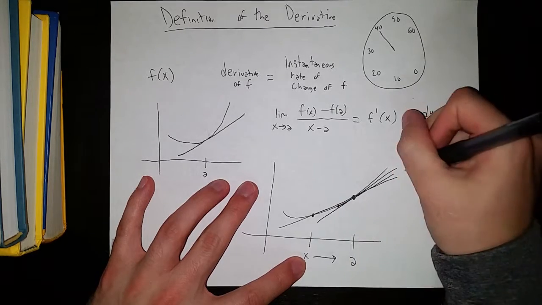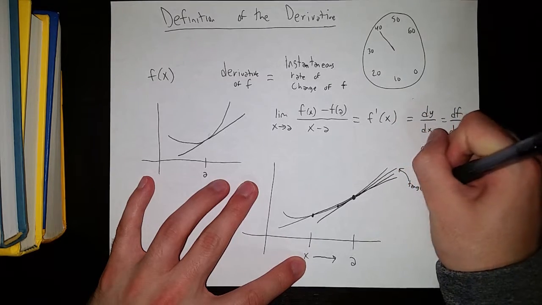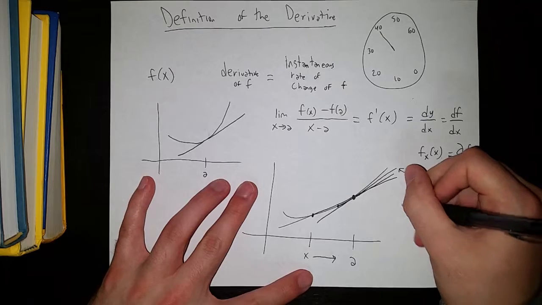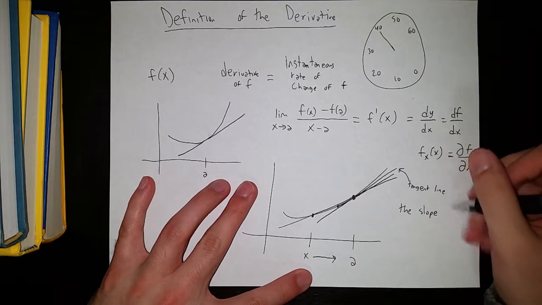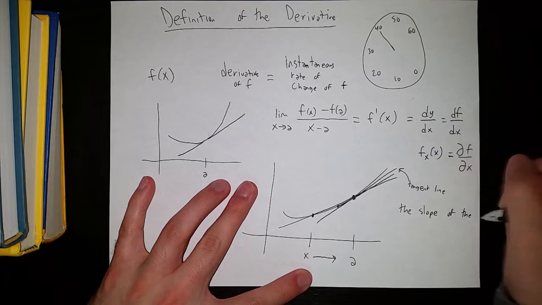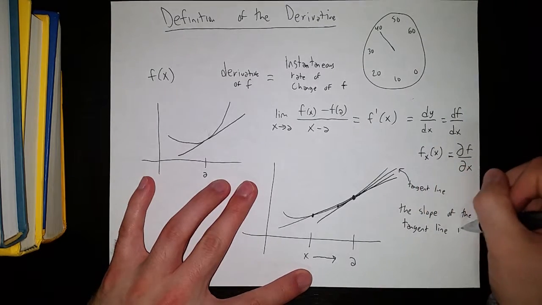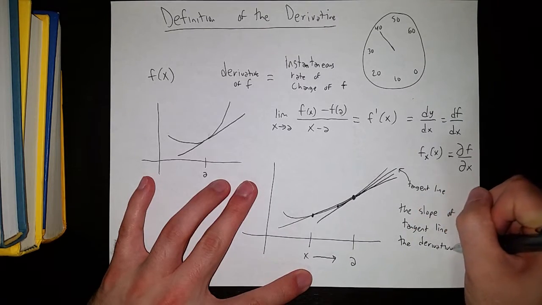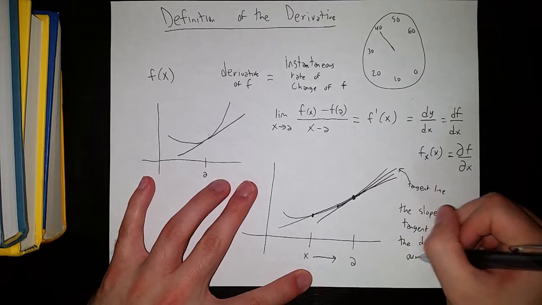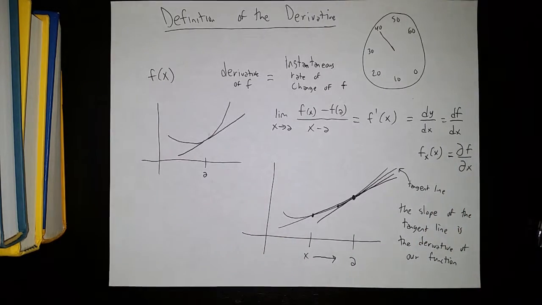And the slope of the tangent line is the derivative of our function. Okay, so there it is.